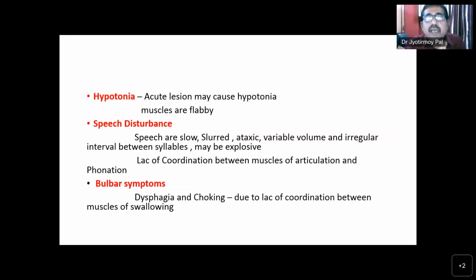So coordination is needed between the different muscles of articulation and phonation. If this coordination is lost, speech will be slow, slurring, ataxic, with variable volume and irregular intervals between syllables, and maybe explosive. That is called scanning speech, found in cerebellar disease.